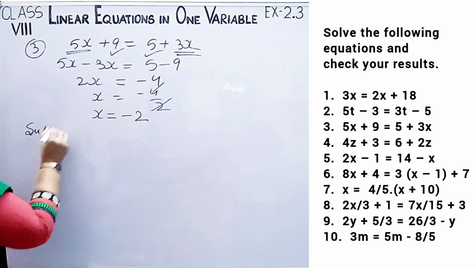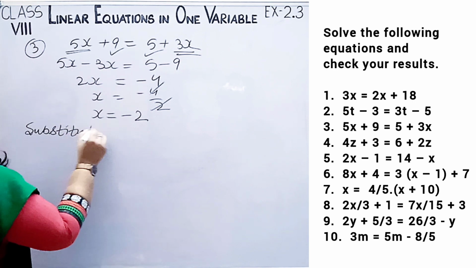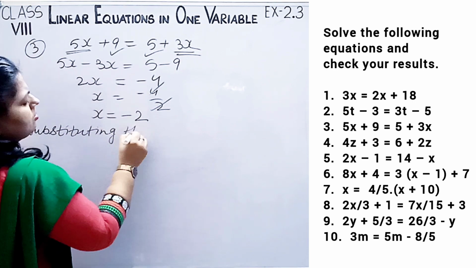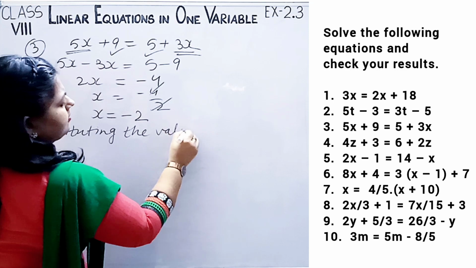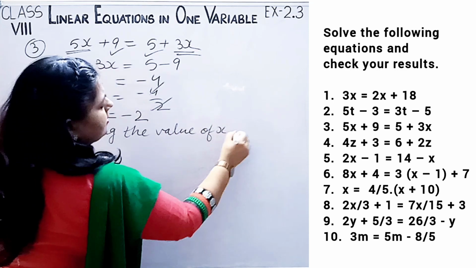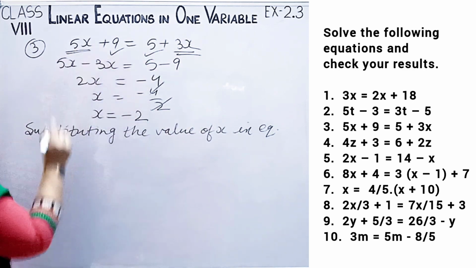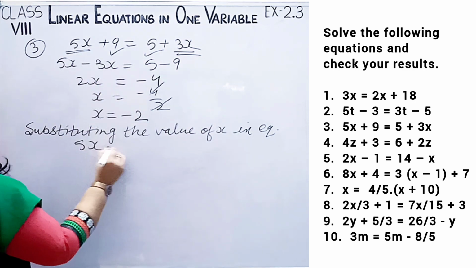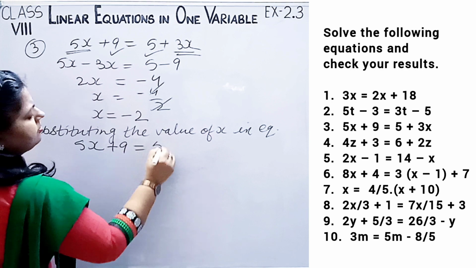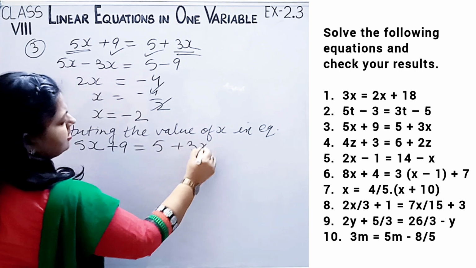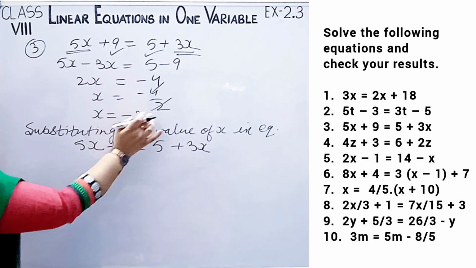Substituting the value of x in the equation. And what is the equation? 5x plus 9 equal to 5 plus 3x. The value of x is minus 2.